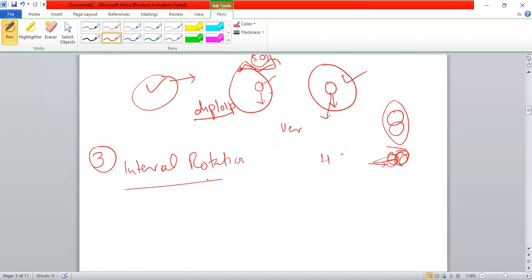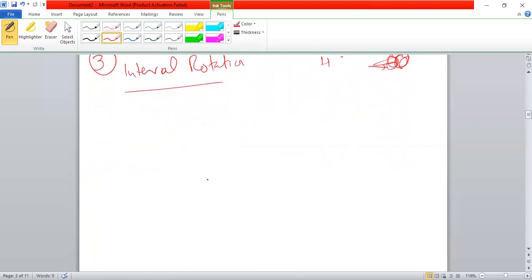Now, as you know, this was the eyeball, and this was connected here, the superior oblique. When this muscle, the superior oblique, is contracted, it will move the eyeball inside, which is called internal rotation, or intorsion.